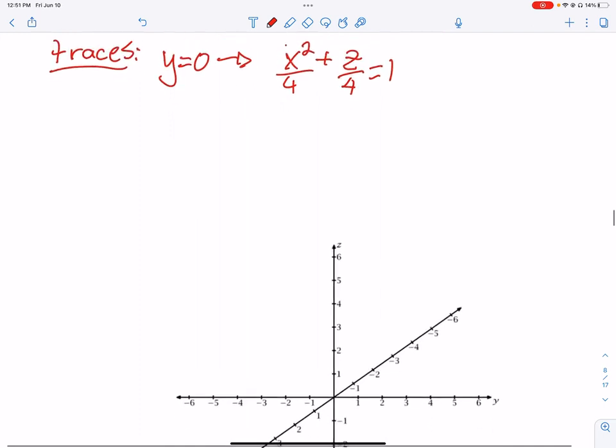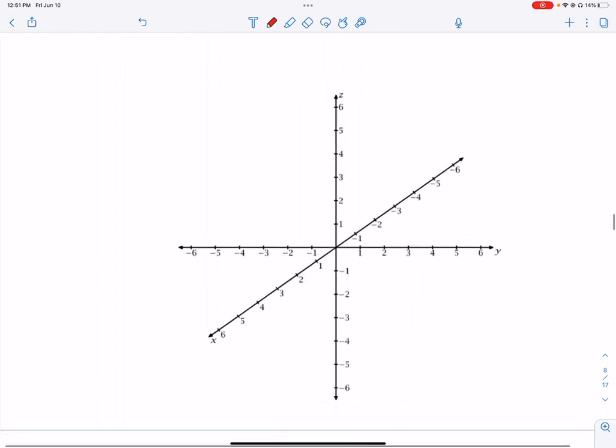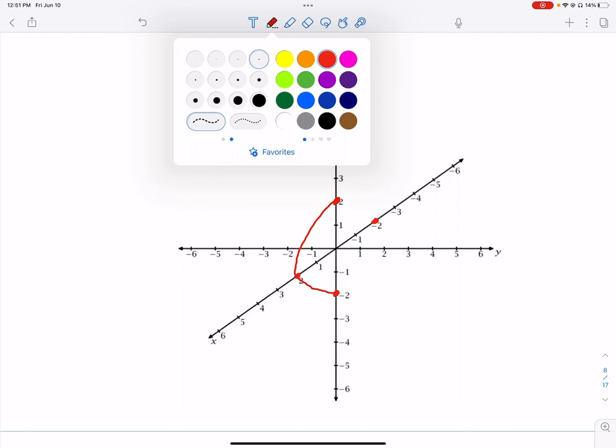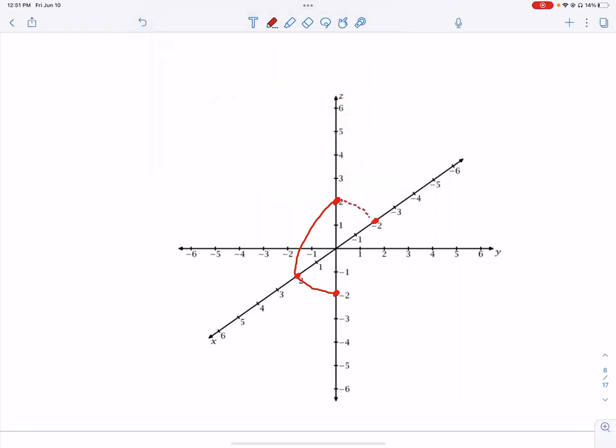This is on the xz plane, so that's the one coming out at us and going up and down. And it has a radius of 2. So I'm going to plot 2 on each point. This will come underneath, and then we'll need dots for the other ones. There we go.